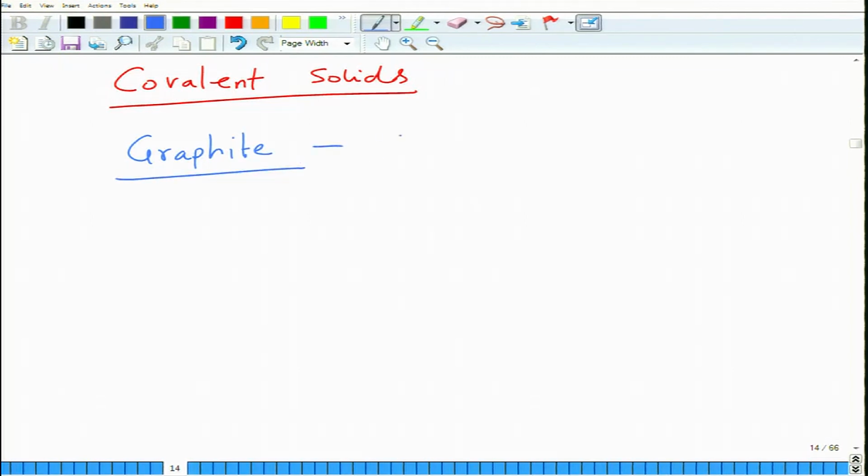Graphite is a form of carbon. It has these hexagonal sheets. So you have these hexagonal sheets of graphite.